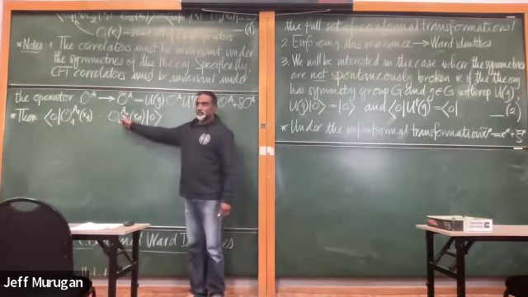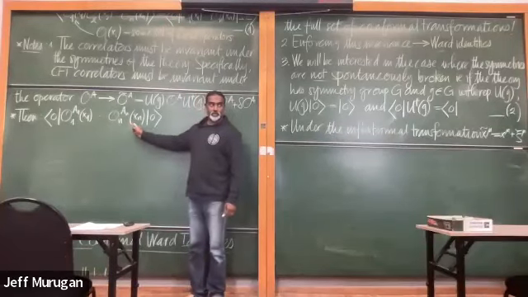These A's are Lorentz indices, these are labels, and these x's are points in spacetime.